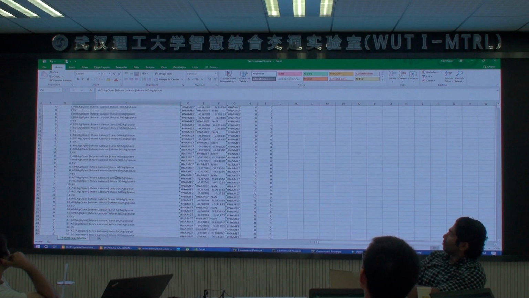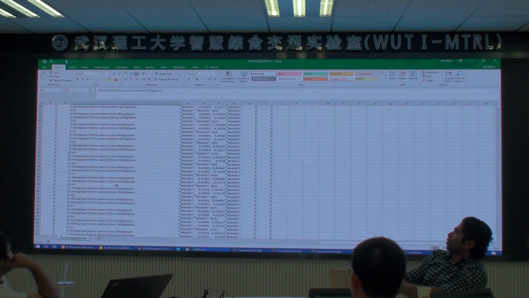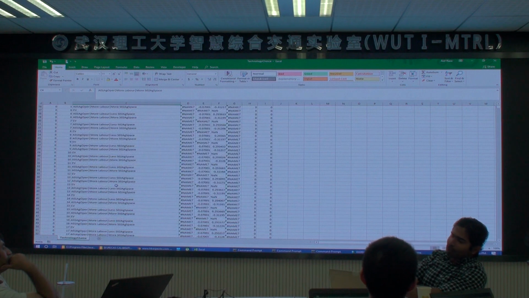Because these are output files, we normally don't use them. We generally use these files to troubleshoot problems if we get a problem when we run the model.